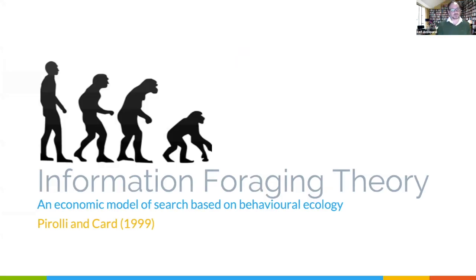This is where we turn our attention to information foraging theory. This is another economic model of search, but it's derived from behavioral ecology, or optimal foraging theory. It was proposed by Pirolli and Card, and it's essentially equivalent to the search economic model that I presented.